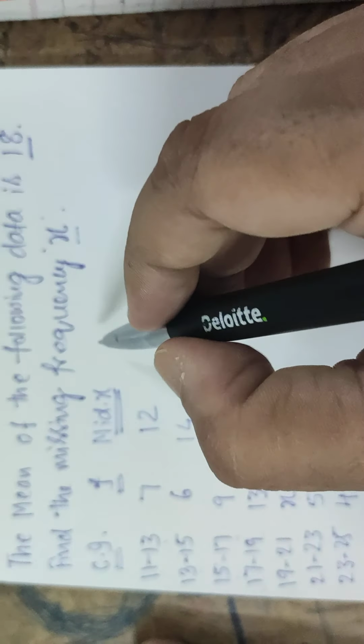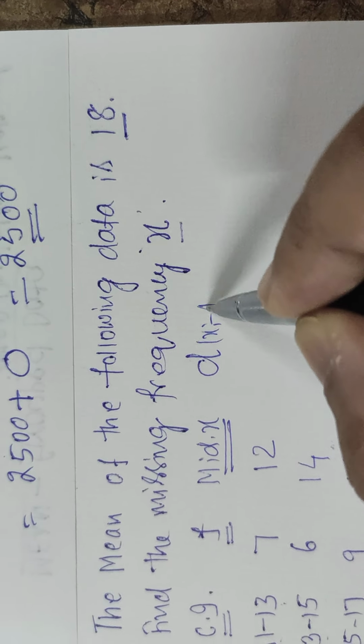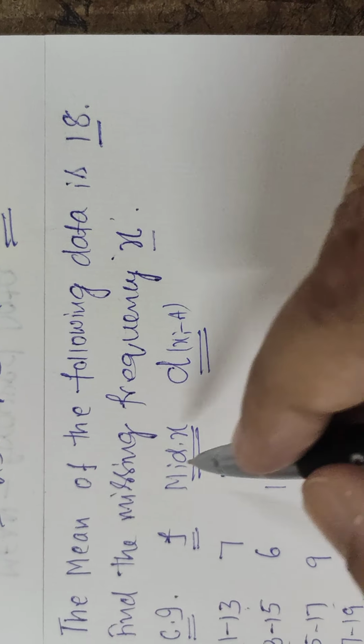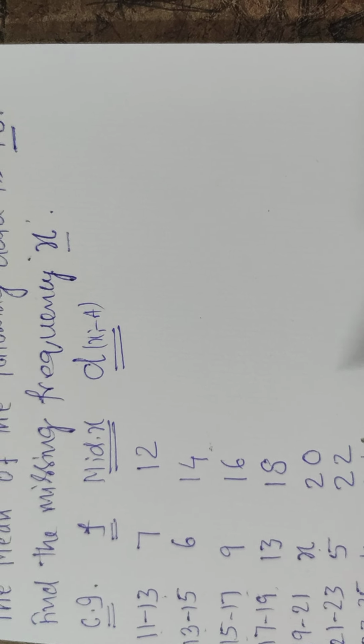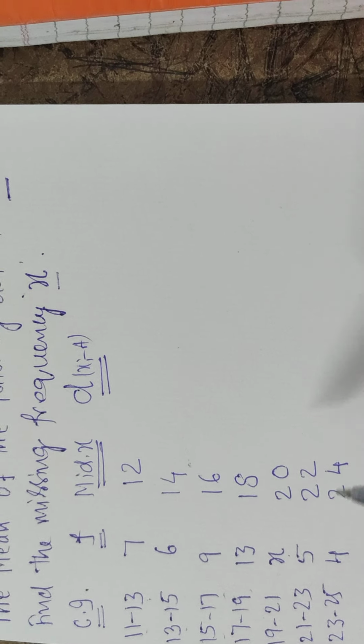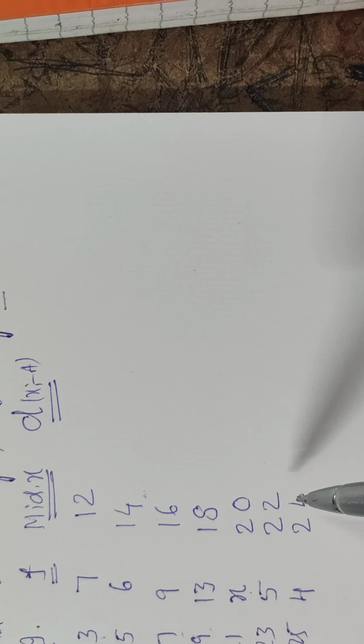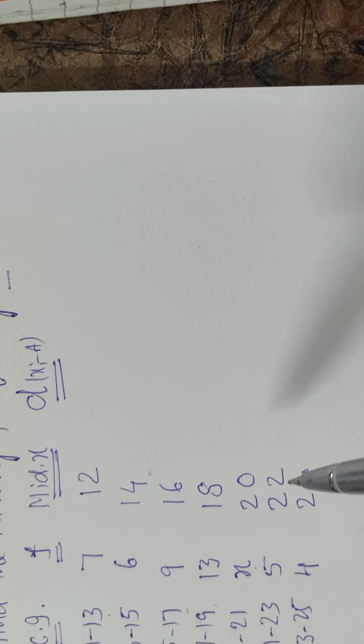The next column you have to open is D, that is xi minus a. That means in the mid x column you have to assume one value as the assumed mean and then keep subtracting. I told you the technique that the middle value you assume as a makes your calculations easy.